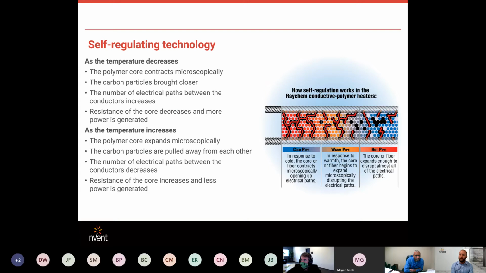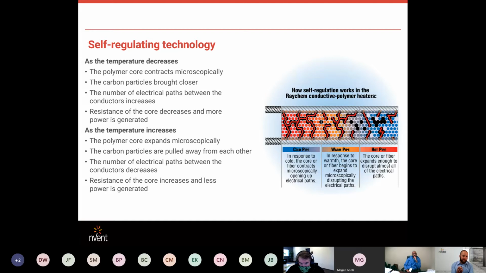The carbon polymer core that is extruded around those 2 conductors is your actual heating element. I don't know if you can see my mouse here, but you can see this portion in between those conductors. That is the actual heating element all along the length of that cable. When that carbon polymer core gets cold, it contracts.